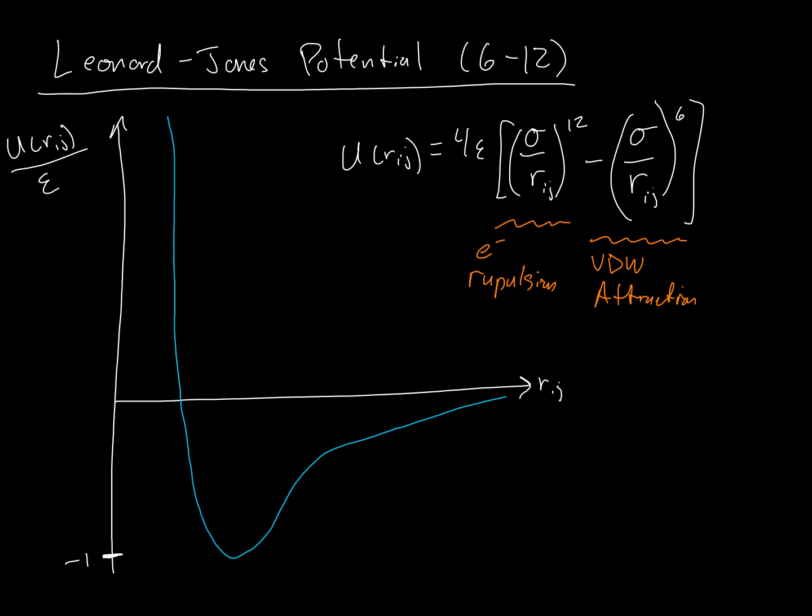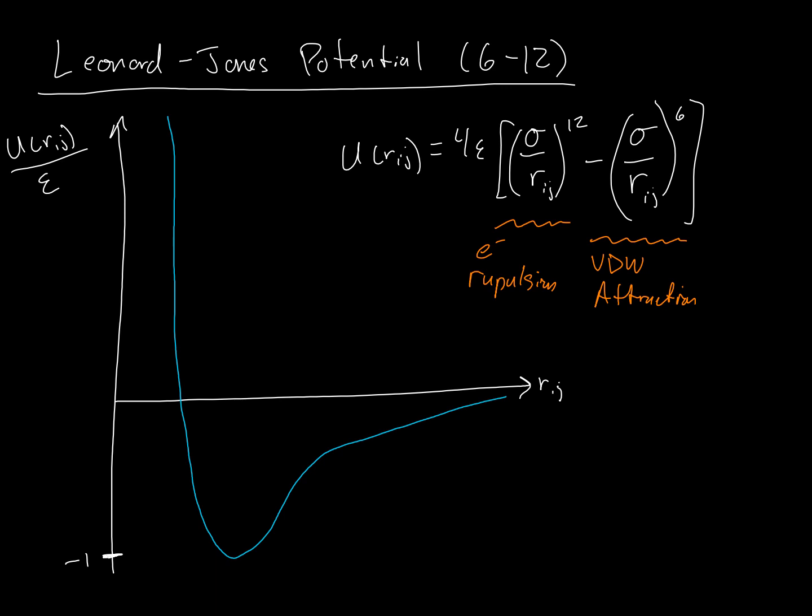So why 6-12? Well, 6 has a strong theoretical foundation. 12 is because it's 6 squared. That's it. For computational efficiency, it's way easier just to take the number you already calculated for the distance and just square it. So the 6-12 Lennard-Jones potential has the -6 for the attraction and the -12 for the repulsion, just because it's numerically efficient to have the -12.